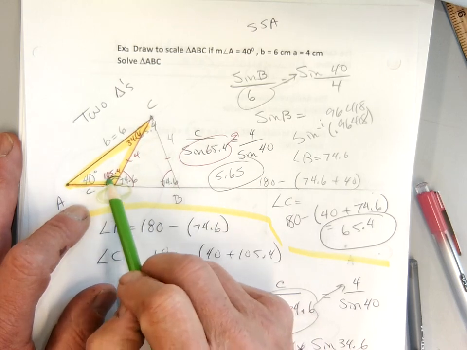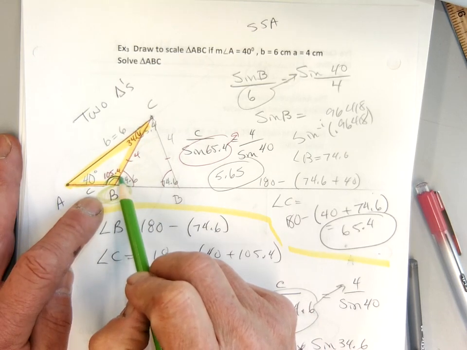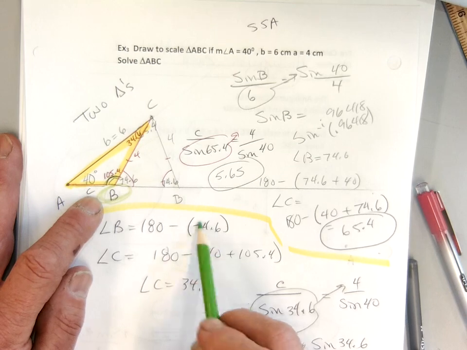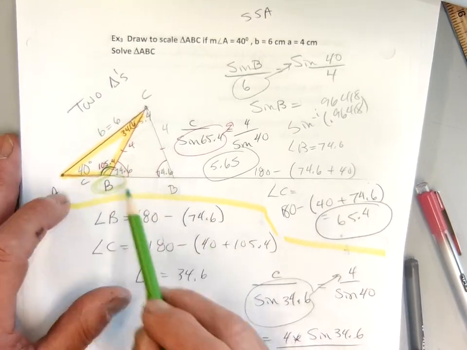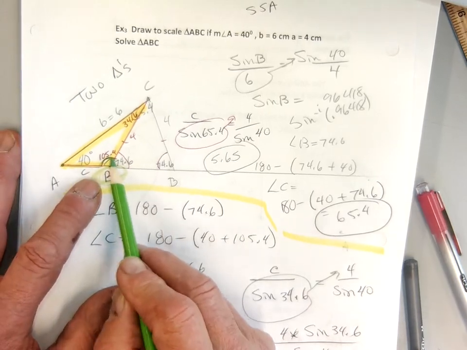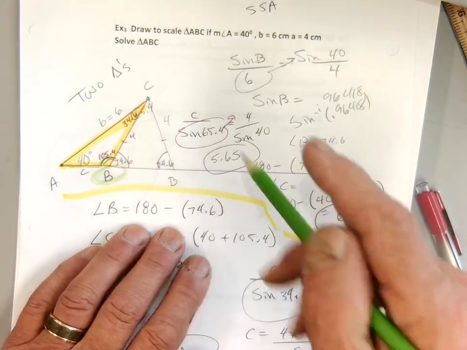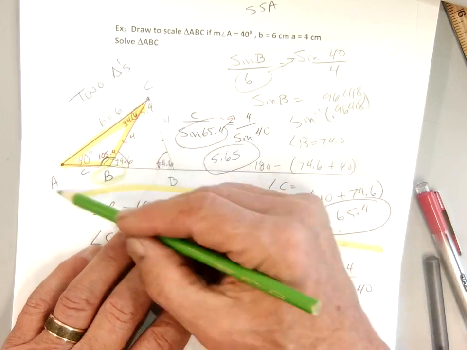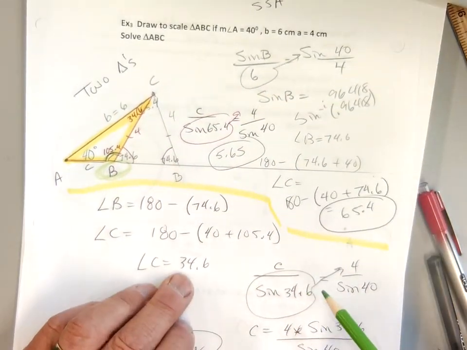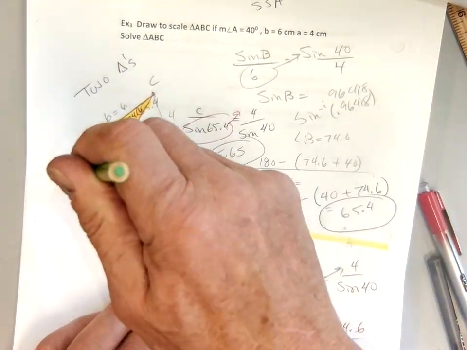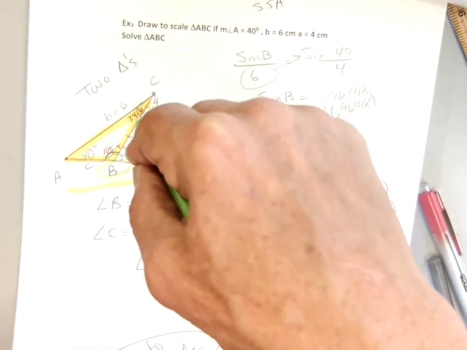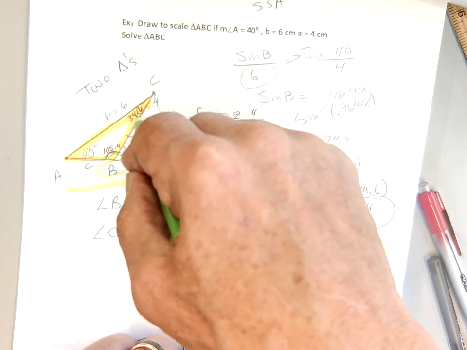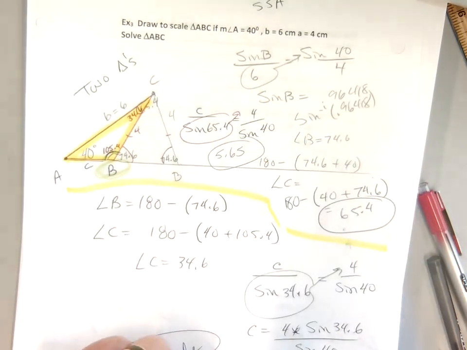Therefore, we can get angle B by subtracting from 180, because these two angles make 180 as they form a straight line. I got angle B to be 105.4, just by subtracting these. Then I get this angle C here from 180 degrees. And then I can find side C, again, by the law of sines. Side C over the sine of its angle equals 4 over the sine of 40, and I got about 3.53.